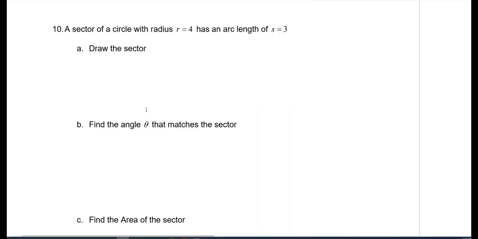Okay, it's kind of easier to do B on this one before you do A. Find the angle. So we know that S equals r theta. To find an arc length on a circle, we take the equivalent arc length on the unit circle. Remember, radians is the arc length on a unit circle for a particular angle, and multiply it by r, the size of the circle. Essentially, you scale up.